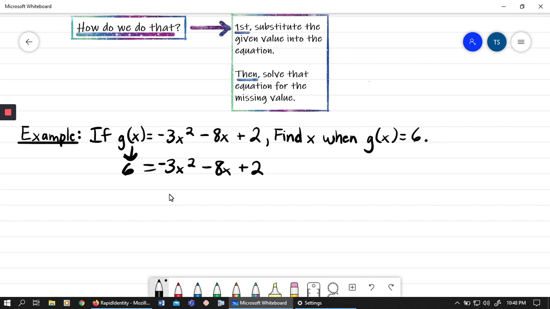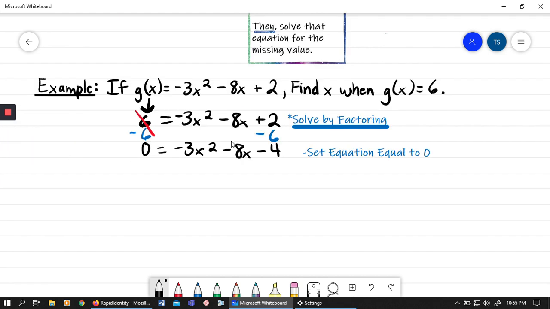And if you were going to solve this by graphing, which is probably the easiest way, you'd also want to get this equation set equal to 0 first. All right, but again, I'm going to go ahead and do this by factoring here.